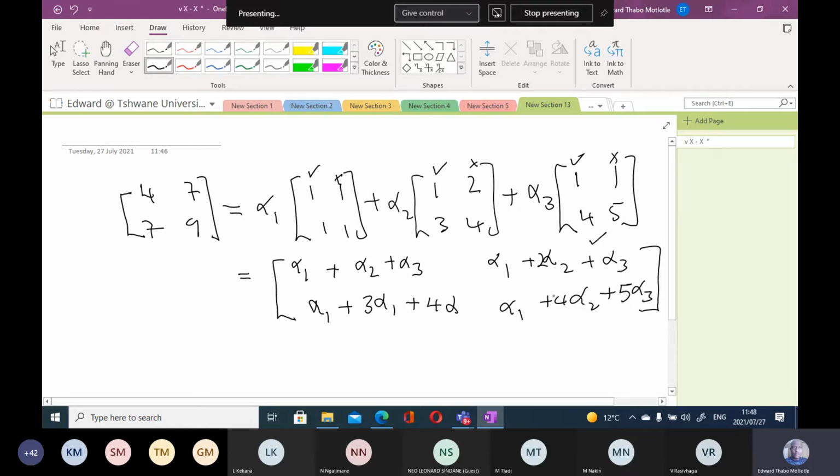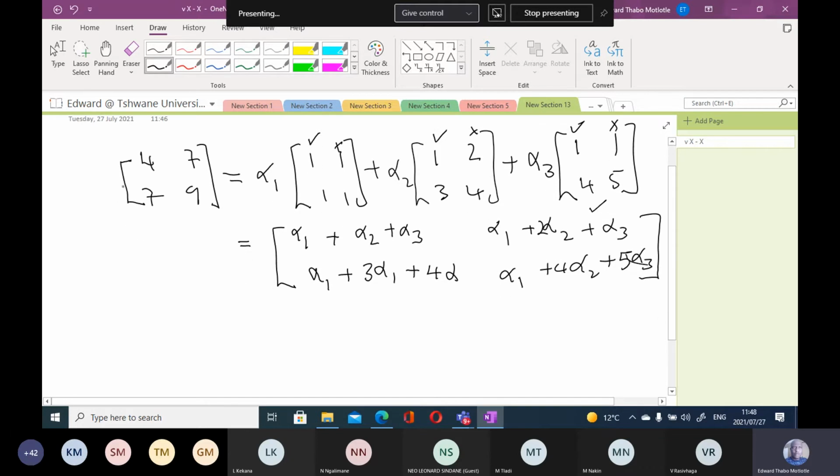Now, once you reach this point, it clearly means that we equate. You can see we have 1, 2, 3, 4 and 1, 2, 3, 4, so we're equating them. The first one is alpha 1 plus alpha 2 plus alpha 3 equals 4. The second one is alpha 1 plus 2 alpha 2 plus alpha 3 equals 7.